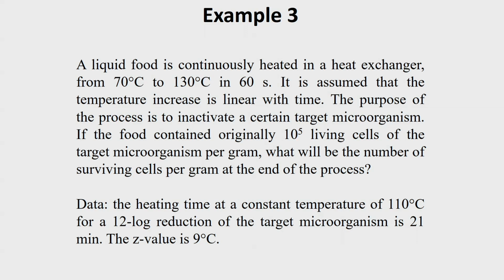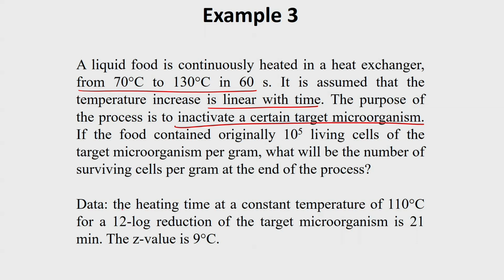The liquid food is continuously heated in a heat exchanger from 70 degree to 130 degree in 60 seconds. It is assumed that the temperature increase is linear with time, the same thing what we have done in the earlier problem. The purpose of the process is to inactivate certain target microorganisms, right.